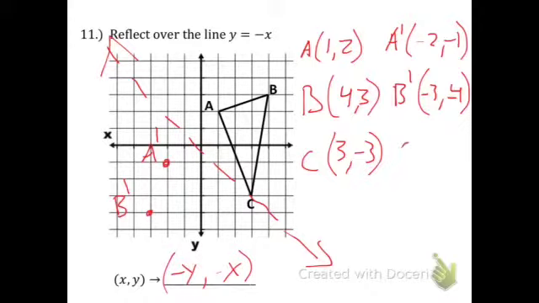Switch the order, you'll get -3, 3, and switch the sign on both. You're looking at 3, -3. And C's on it, so C prime is going to be right there. Once you have it, connect it up, and there's your new location.